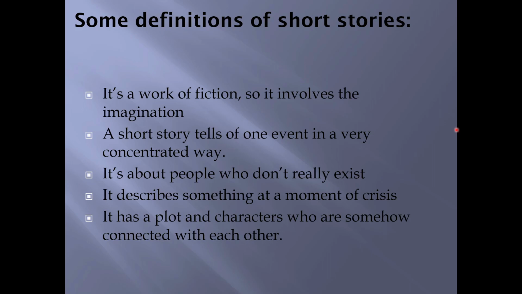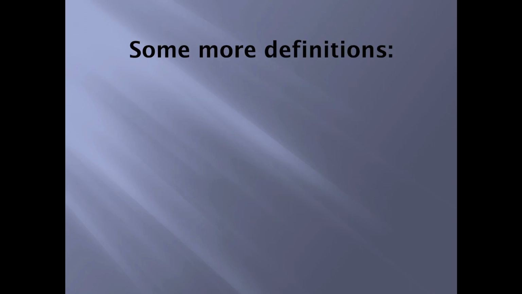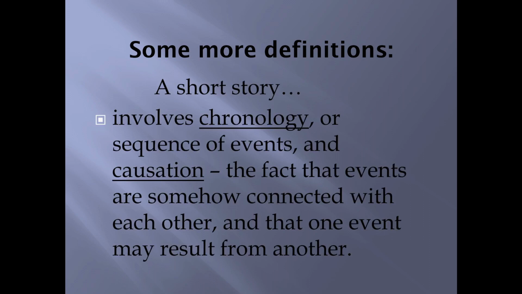Right, now there are some other definitions that we can talk about for a short story. A short story can involve a chronology or a sequence of events and causation, the fact that events are somehow connected with each other and some events may result from one another.